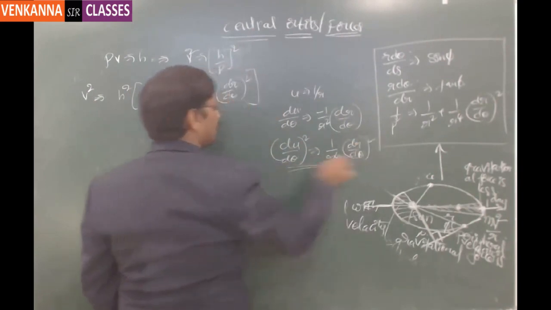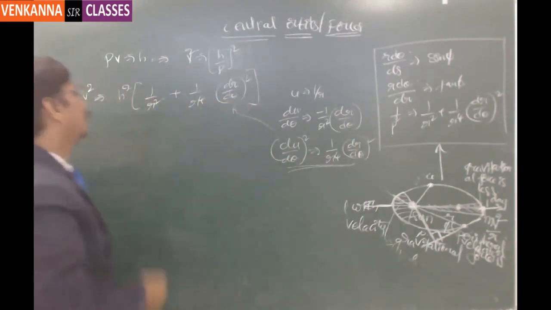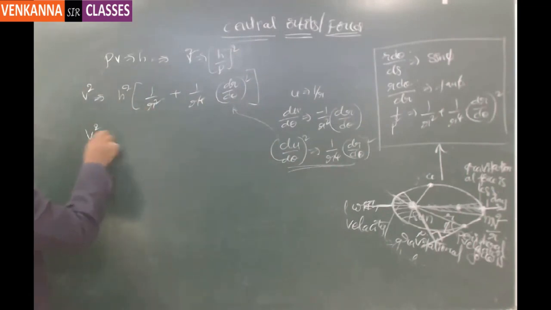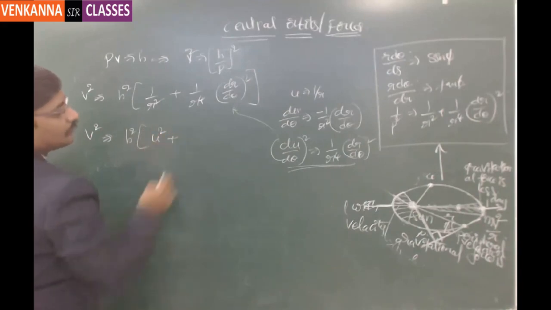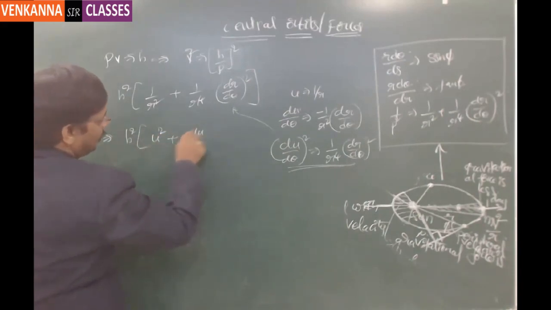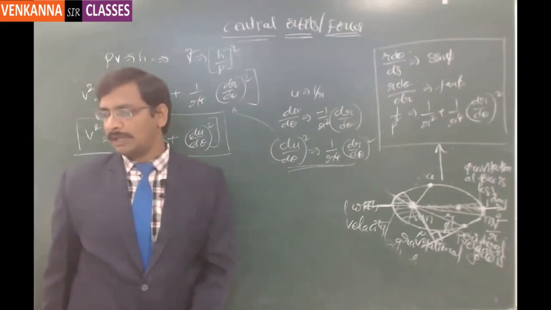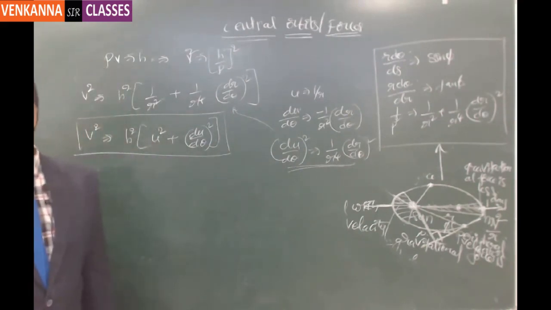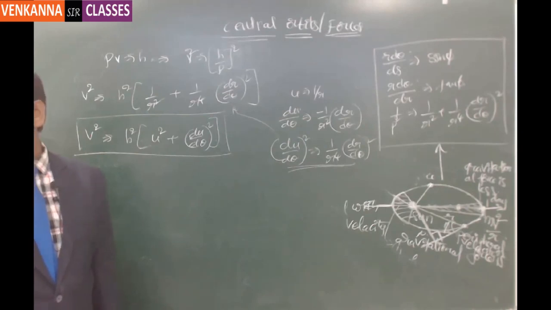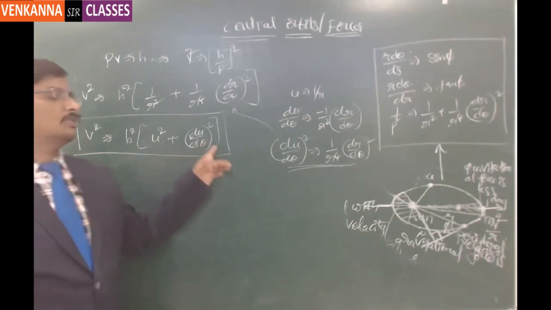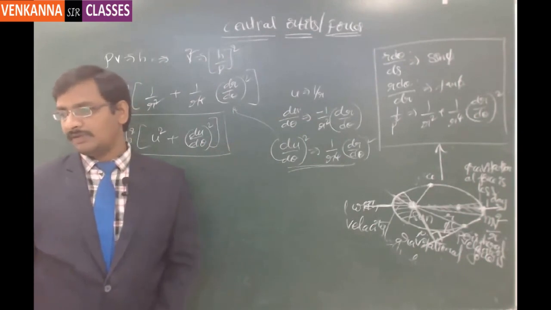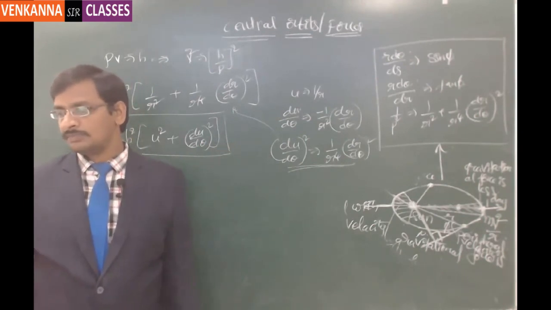So this is another relation you can replace here, and 1 by r square you can replace as u square. So v square equals h square times u square plus du by d theta whole square. This simple relation you can use to calculate the peripheral velocity of any planet. Got it? Any questions on this?